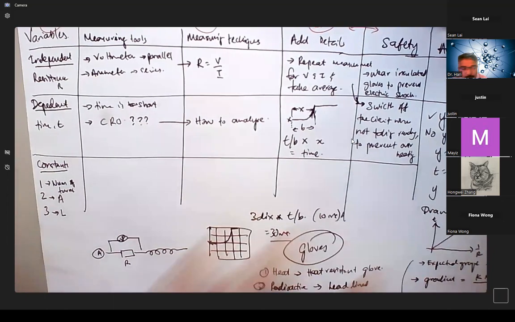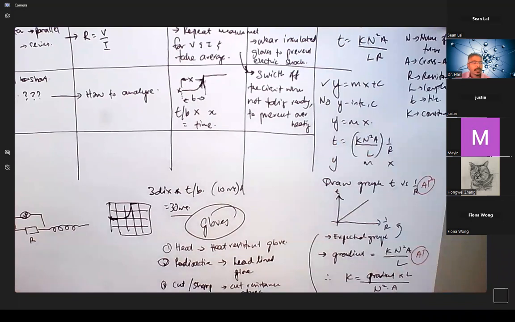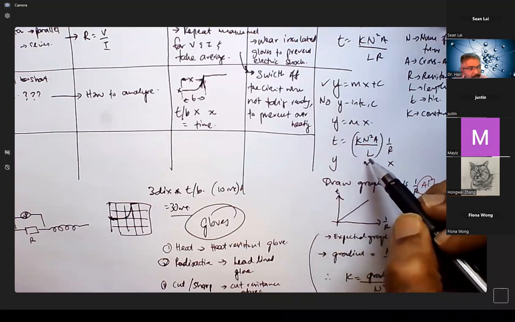Not only that, if the time is too short, let's look at the formula. If the time is too short, how do we increase the time? Can you write in the chat box? Can you suggest? If you look at this, time is inversely proportional to length.